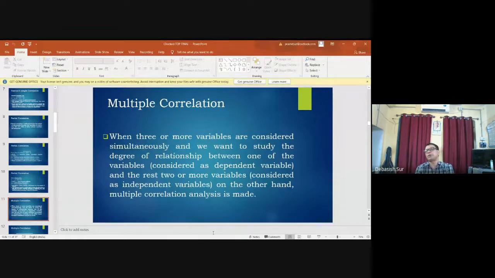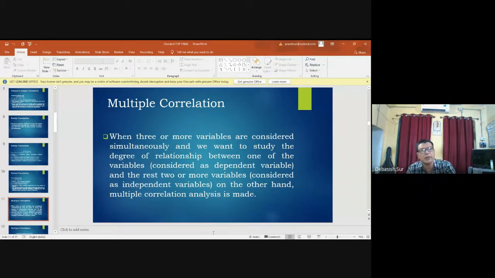Next one is multiple correlation. If we have 3 or more variables, and if we want to calculate the degree of relationship between the dependent variable and the joint influence of the independent variables, then we have to calculate multiple correlation. For example, suppose we have 3 variables x1, x2 and x3, and we want to calculate the degree of relationship between x1 and the joint influence of x2 and x3 on x1.